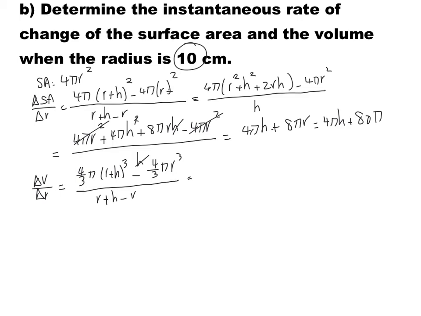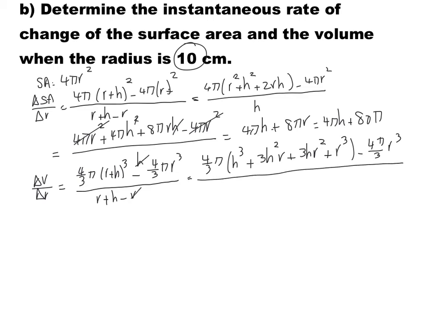If we do the expansion, we get 4 over 3 pi times h cubed plus 3h squared r plus 3h r squared plus r cubed, minus 4 pi over 3 r cubed, divided by h. The r cubed terms are going to cancel.